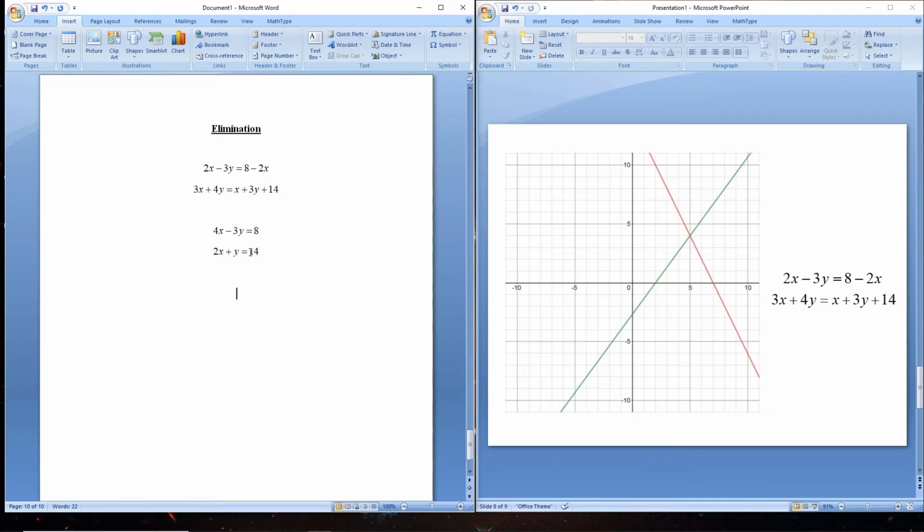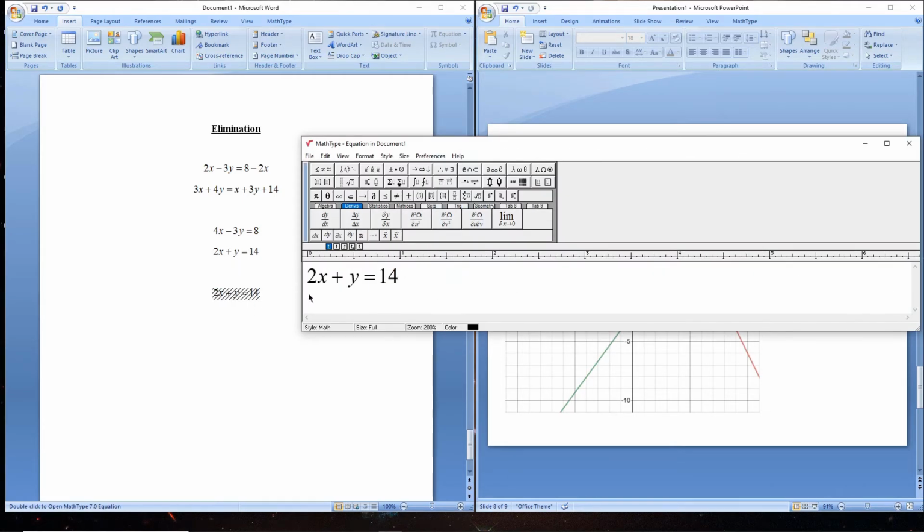And it doesn't matter, I'm just going to choose x just to be alphabetical. And if we multiply the second equation by 2, then we can get that 2 to be a 4 like the other equation. So we'll multiply everything here by 2. So 2 times 2 gets us a 4, 2 times 1 gets us a 2, and 2 times 14 will get us a 28.